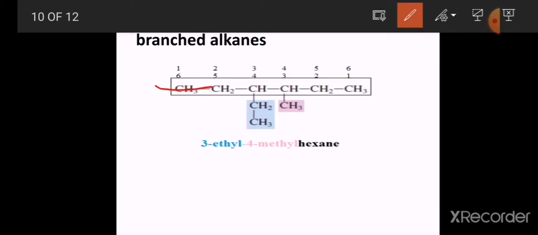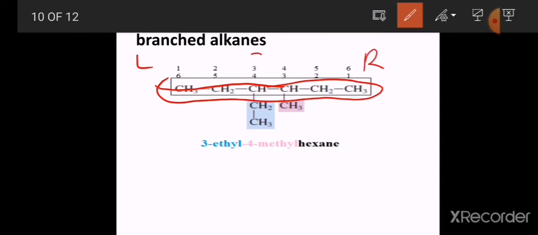So, the parent chain is composed of 6 carbon atoms. If I number it from left to right, the first encountered substituent would be at 3 and the second would be at 4. If I number it from right to left, okay, the first encountered substituent would still be 3 and 4. Parehas na 3 and 4.